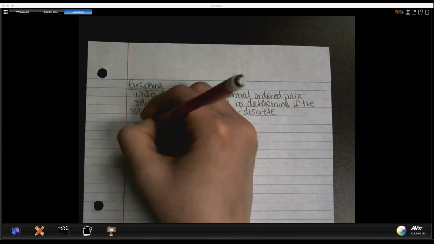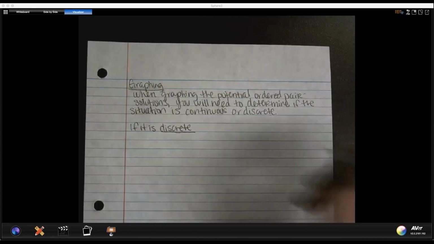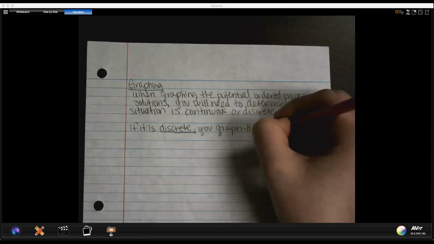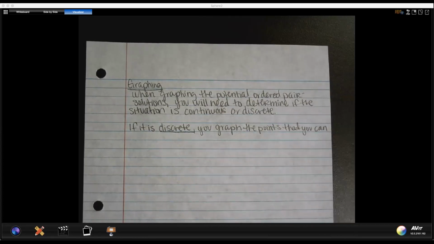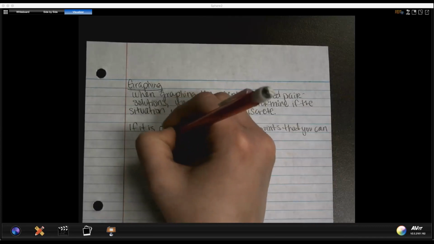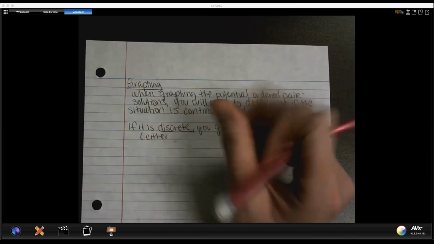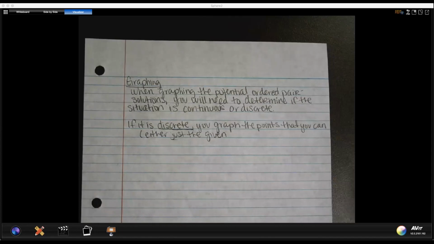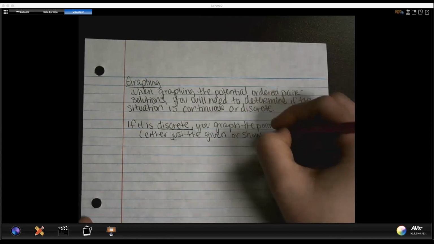So if it is discrete, you graph the points that you can, and that is either just the given points or show the ongoing pattern.